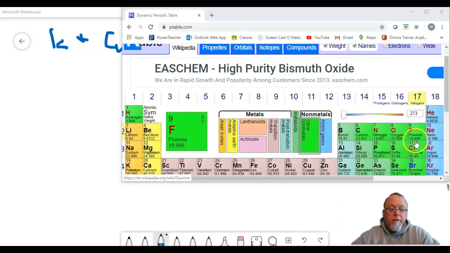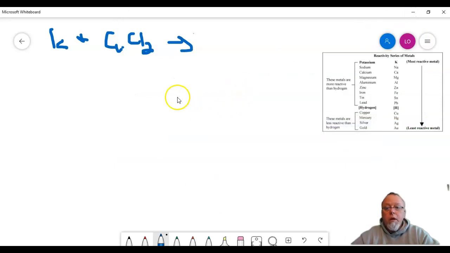Chlorine has 7 valence electrons, so it's gaining 1, so I would need 2 chlorines, giving CuCl2. If this were to react, we would have potassium chloride and copper.